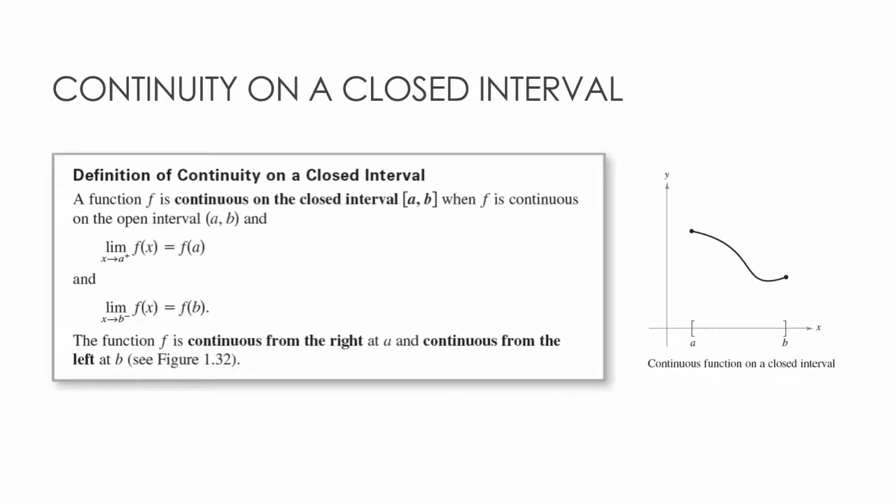So again, we've talked about continuity on an open interval. This is specific to a closed interval, and closed interval just means that I'm dealing with those closed brackets on each end.